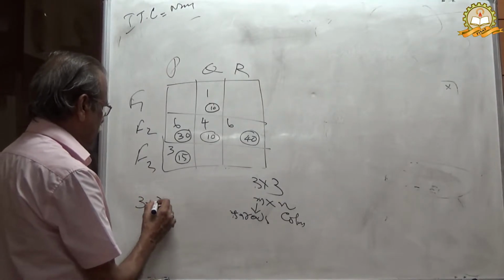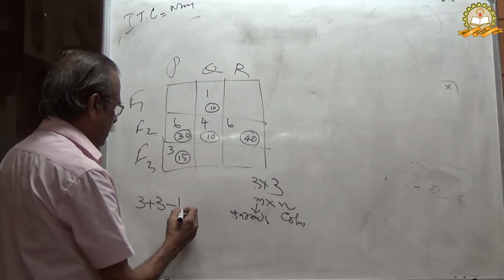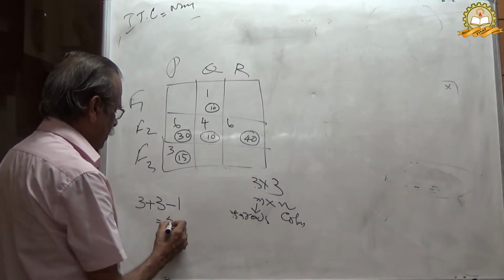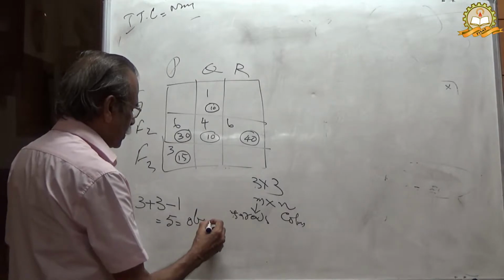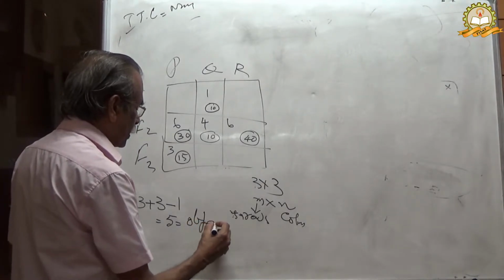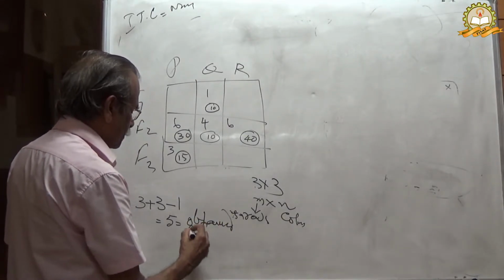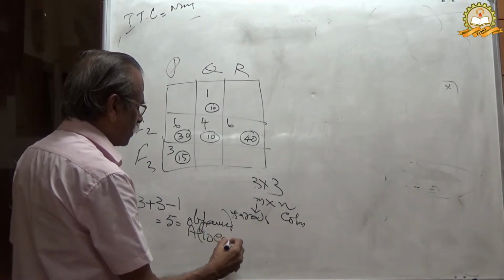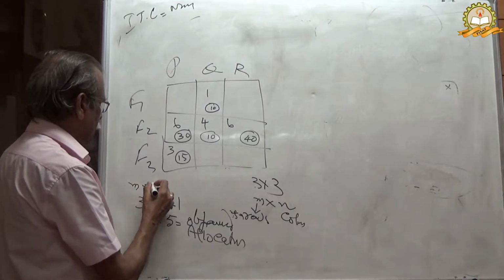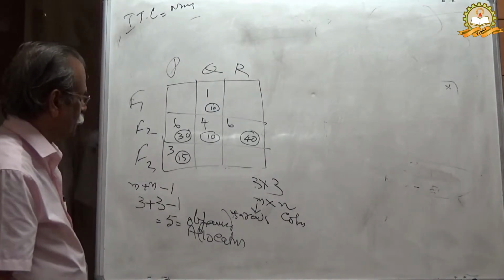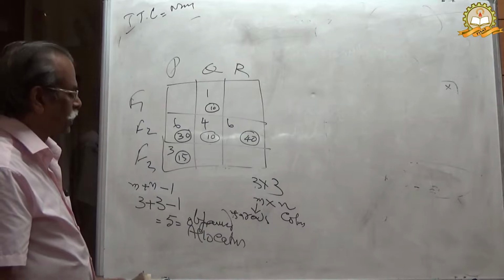Therefore, 3 plus 3 minus 1 equal to 5, obtained allocation. Here you write m plus n minus 1 equal to 3 plus 3 minus 1.